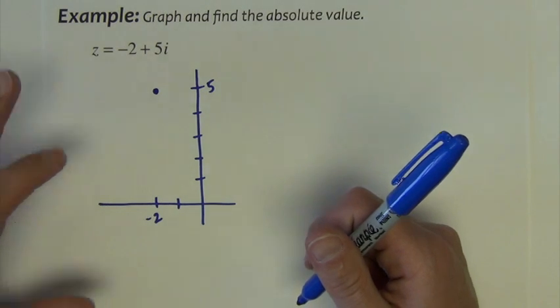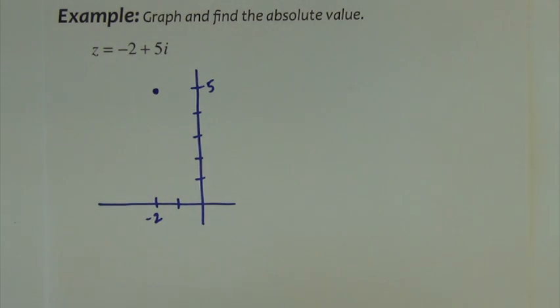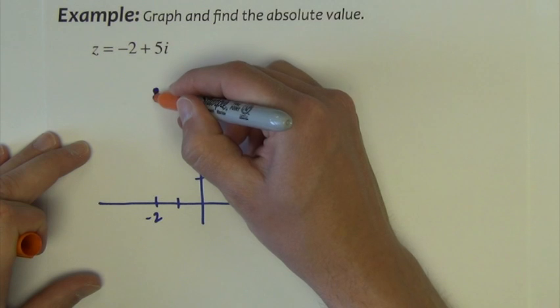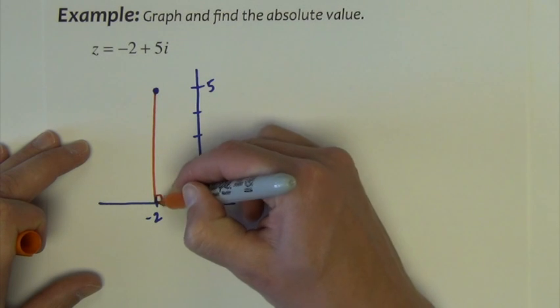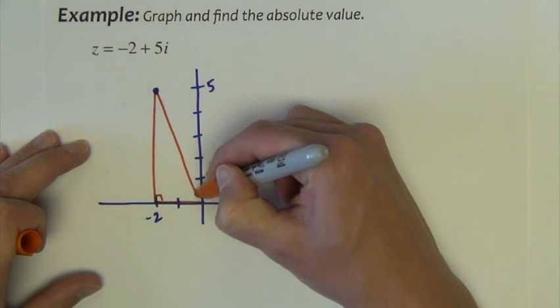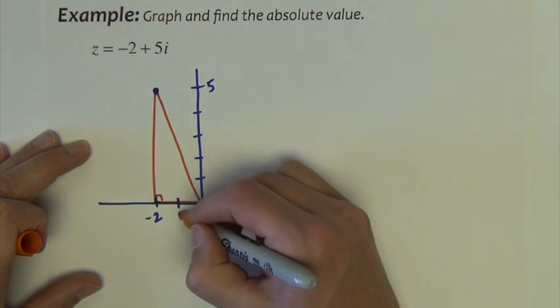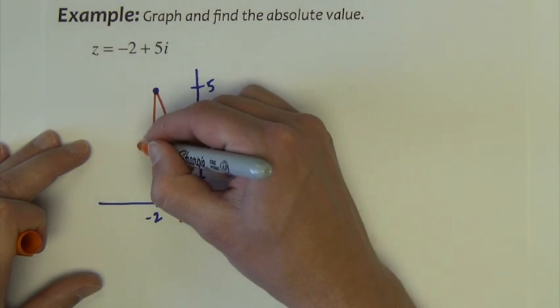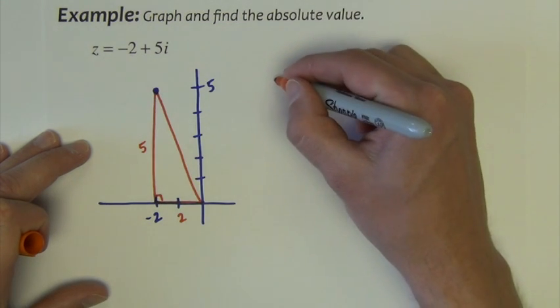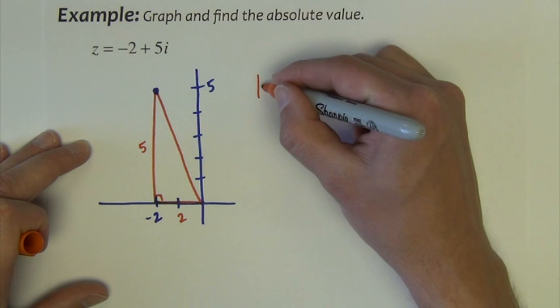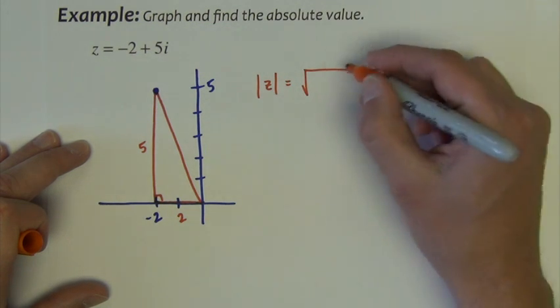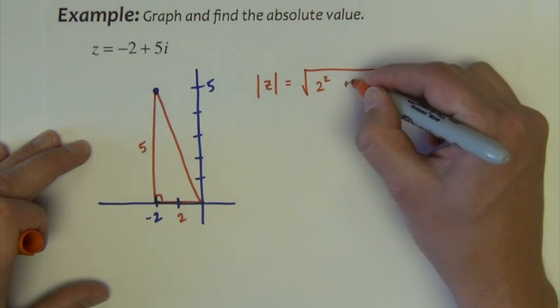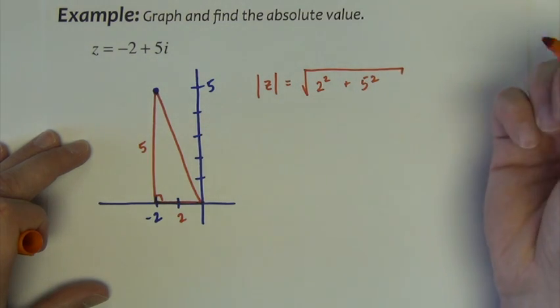Now I want to find the absolute value of this complex number. So again, it's a right triangle construction. You can do it by going straight down to the real axis, straight across, and the absolute value then is the hypotenuse of that triangle. This measures length 2 and 5, so by the Pythagorean theorem, the absolute value of our complex number is the square root of 2 squared plus 5 squared.